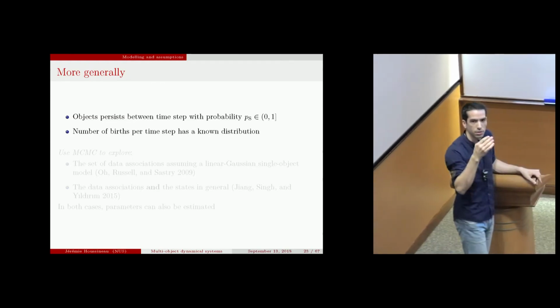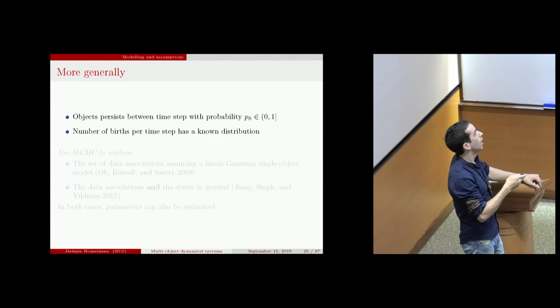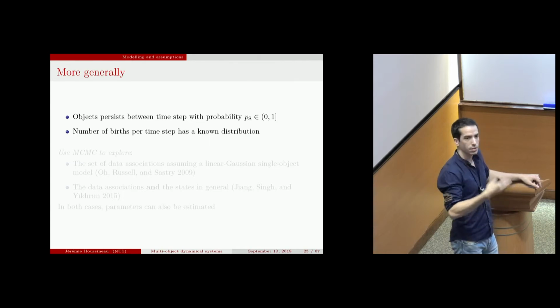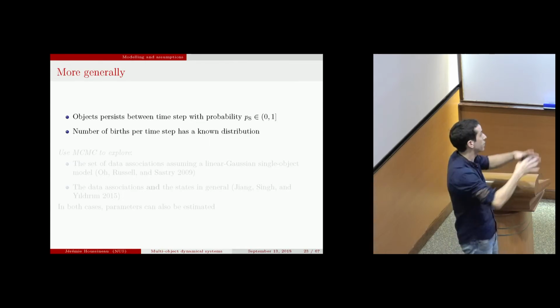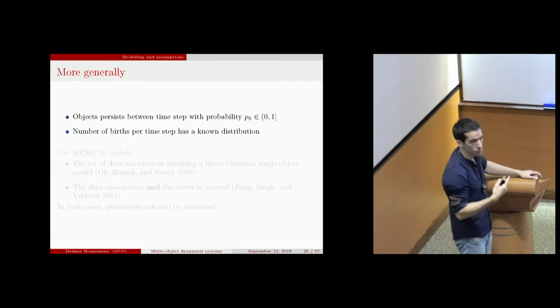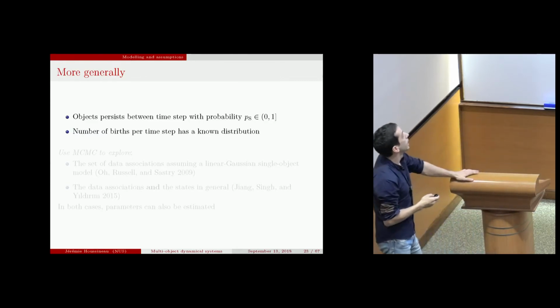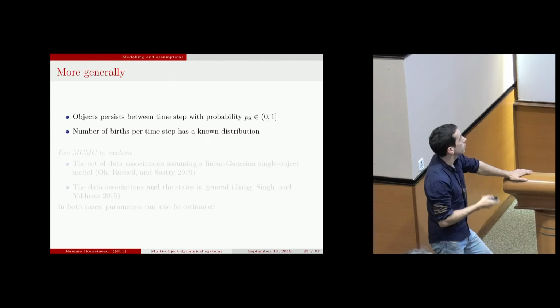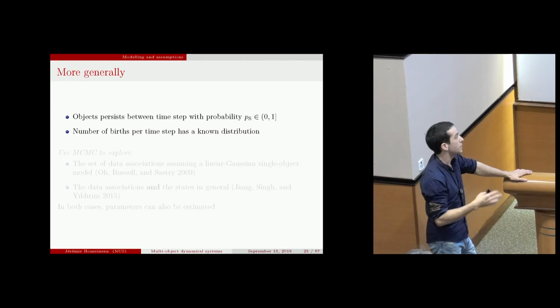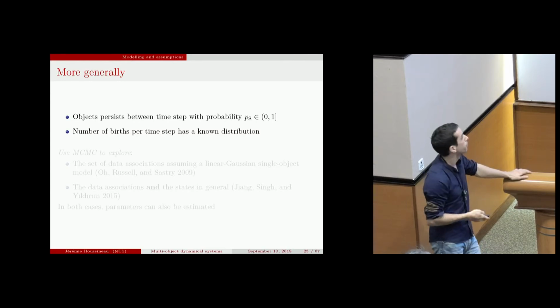So every time step, you have a probability PS of remaining within the area, or probability 1 minus PS to just disappear. And we also have birth, and we just assume birth is random, and we know the distribution.